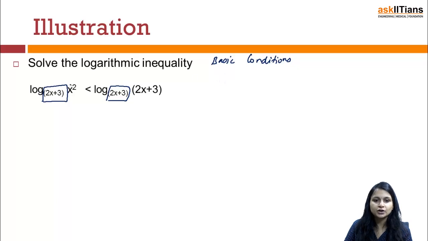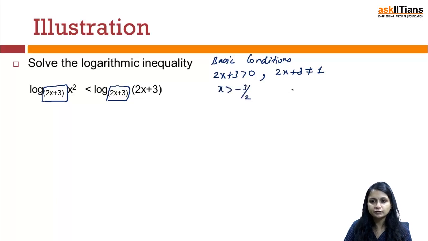Because x square is always positive, I don't have to talk about this. 2x plus 3 should be greater than 0, and 2x plus 3 not equal to 1, because the base cannot be 1. So I got x should be greater than minus 3 by 2 always, and x should not be equal to minus 1. So these are my basic conditions.